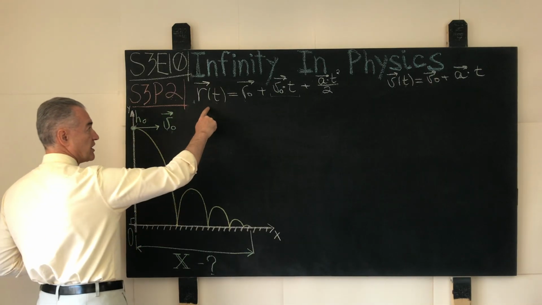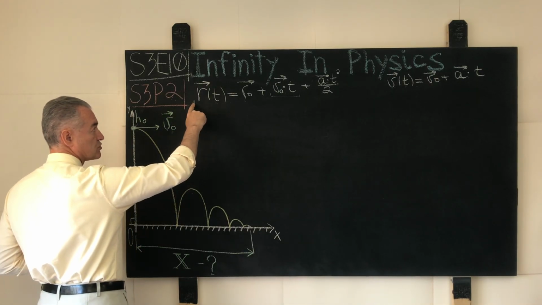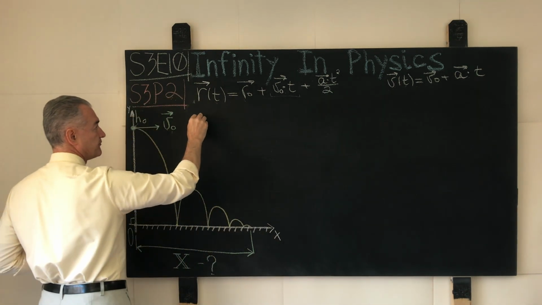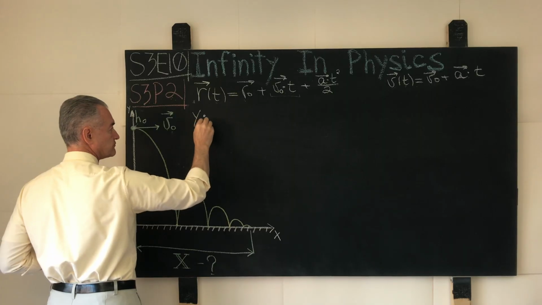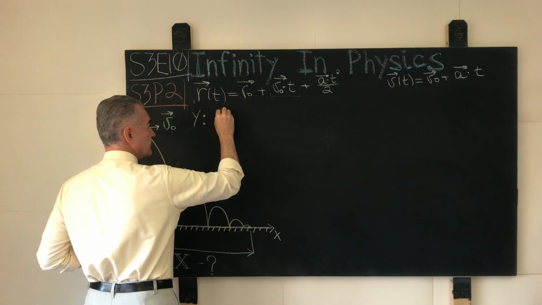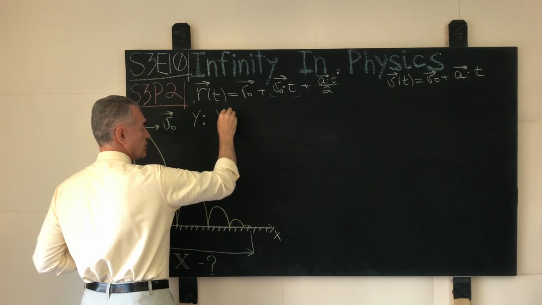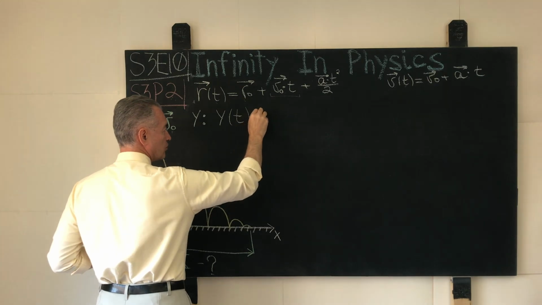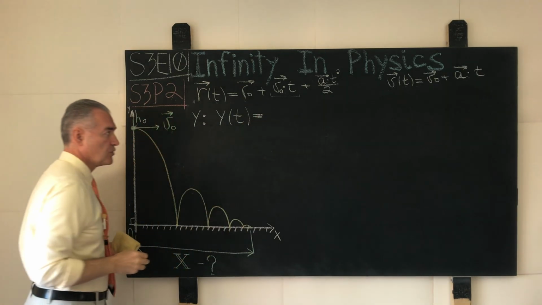So if we project our equation of motion shown over here for the radius vector onto the y-axis, what will we have? The vertical coordinate y will be a function of t, which is what?